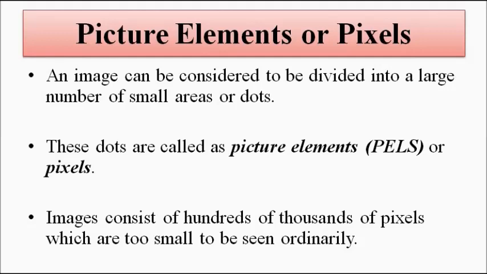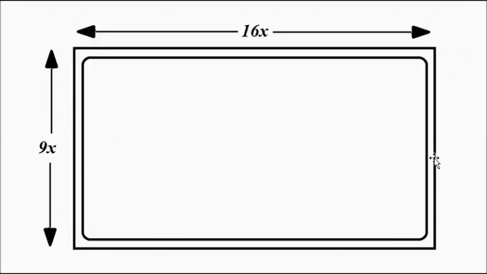So let's say we have this screen, this image frame or picture frame. At the transmitter side we cannot send it as it is to the receiver side. It cannot be done like that.